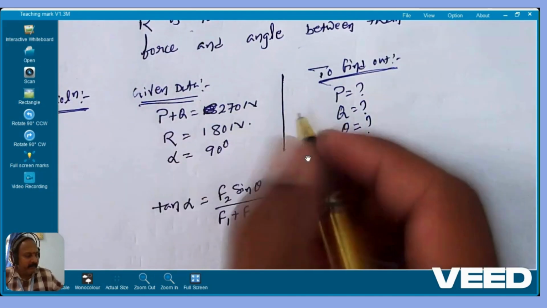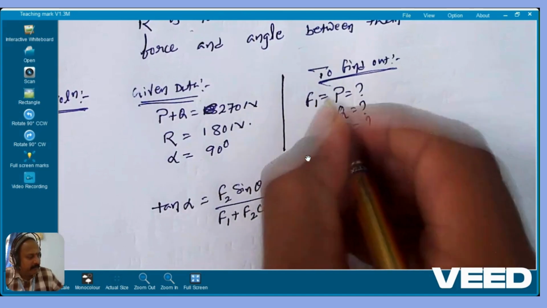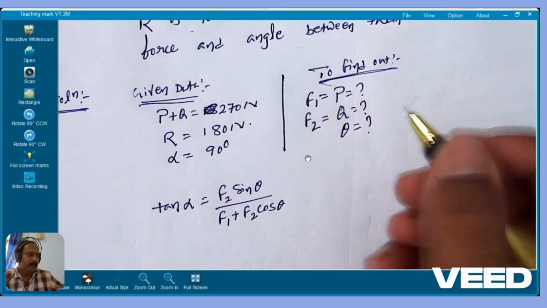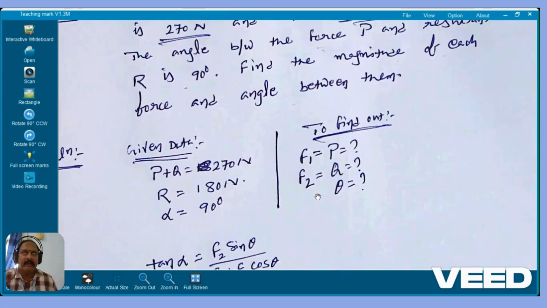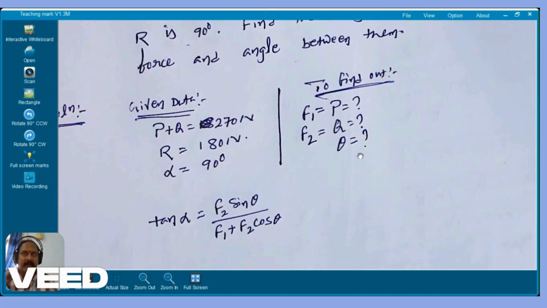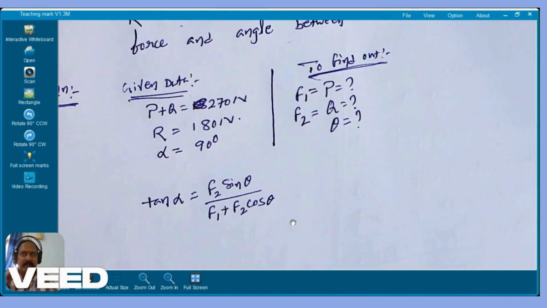We will take P as F1 and we'll take Q as F2. You may think why, because it is clearly mentioned in the question that the angle between the force P and the resultant R is 90 degrees. So when the angle is between R and P, as we all know, this formula comes into existence: tan alpha is equal to F2 sin theta by F1 plus F2 cos theta.